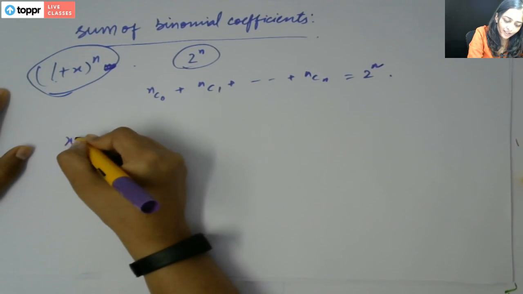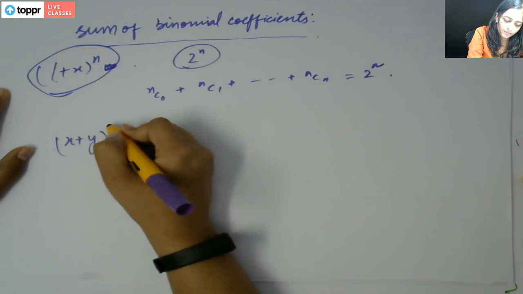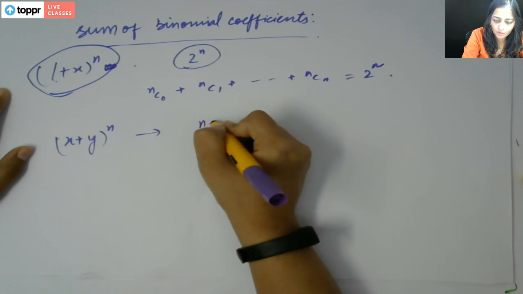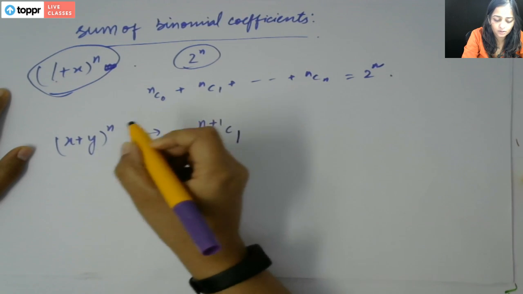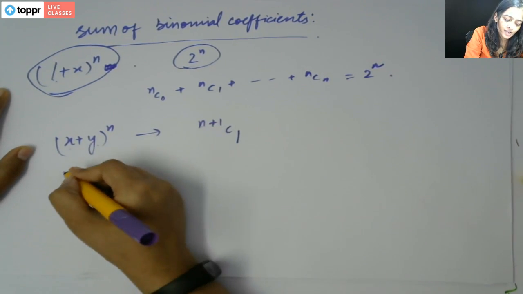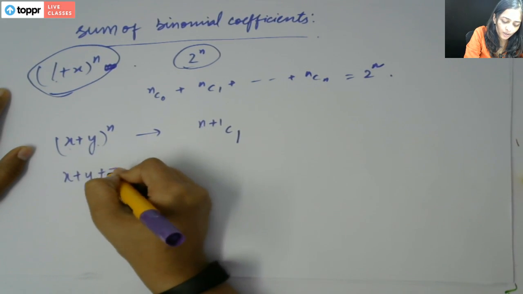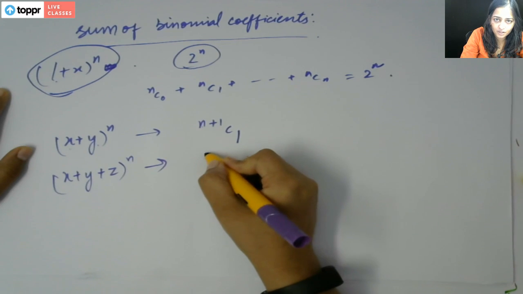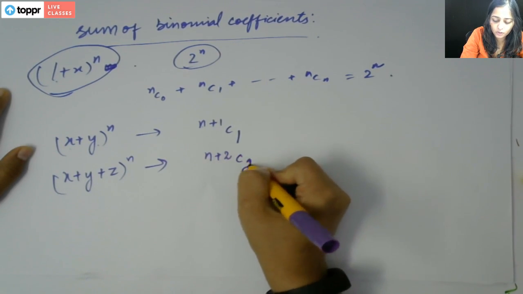And suppose you are expanding (x + y)^n, then the total number of terms will be given by (n+1)C1. So if you have two terms, this will be (n+1)C1. If you have three terms, (x + y + z)^n, then the total number of terms in the expansion will be (n+2)C2.